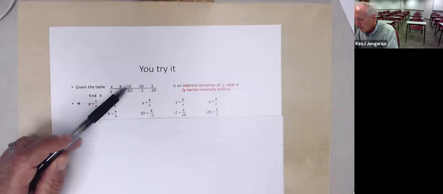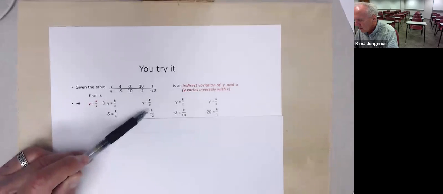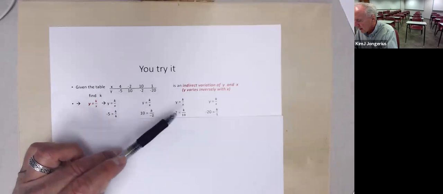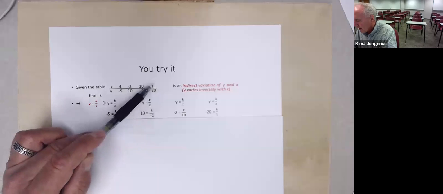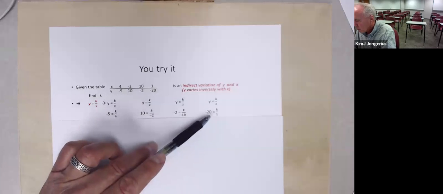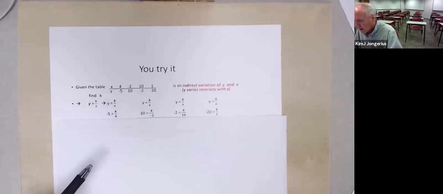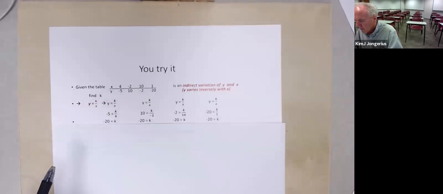Here you would substitute x to be a -2 and the y to be a 10. Here you would substitute x to be a 10, y to be a -2, and finally x could be 1, y would be a -20. When you cross multiply in all those cases, you get the same value for k. K turns out to be a negative 20.